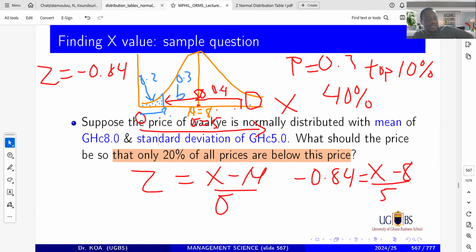What probability would you read? A lot of things go into your mind before you know the probability to read. What will be the price below 70% of all prizes? What probability will you read?